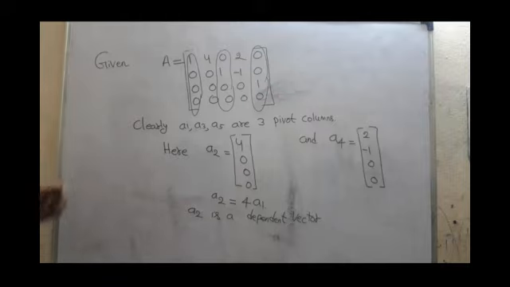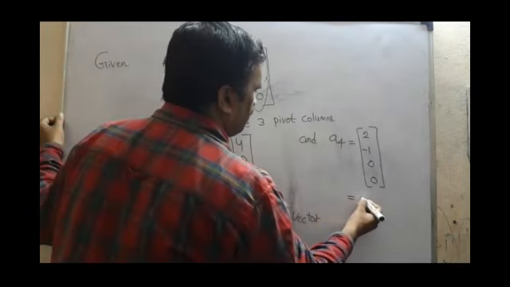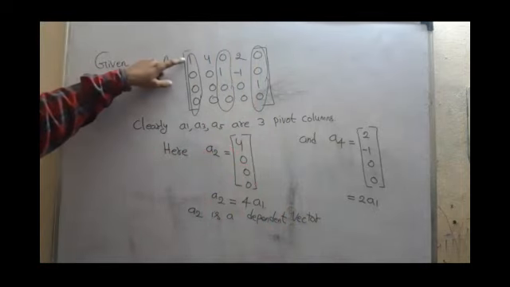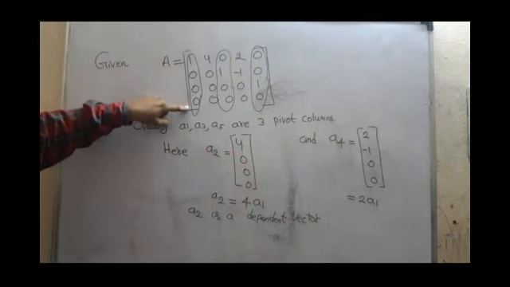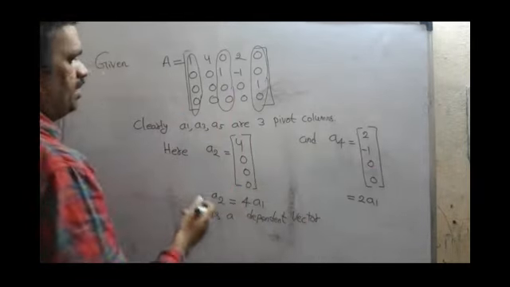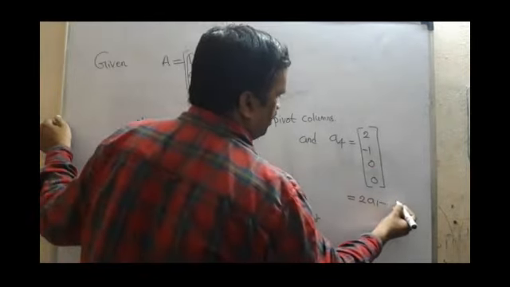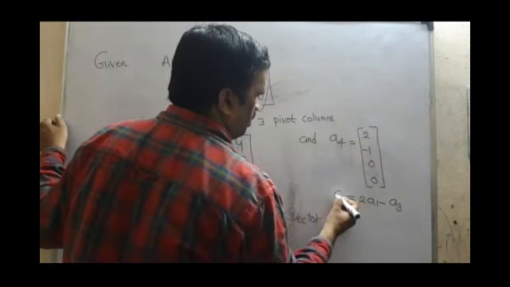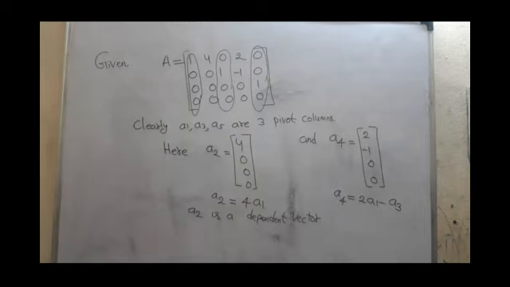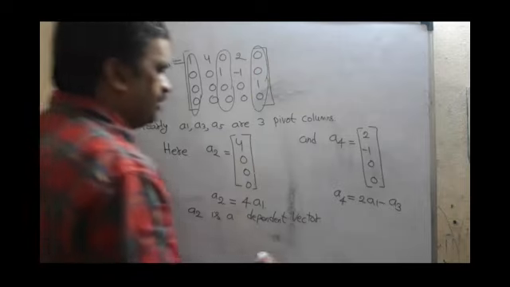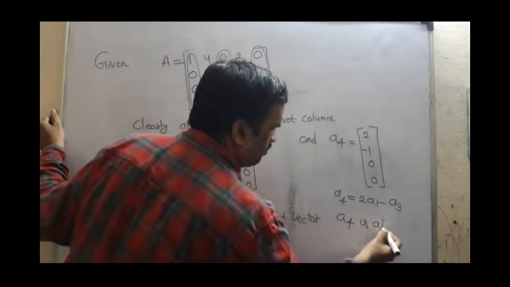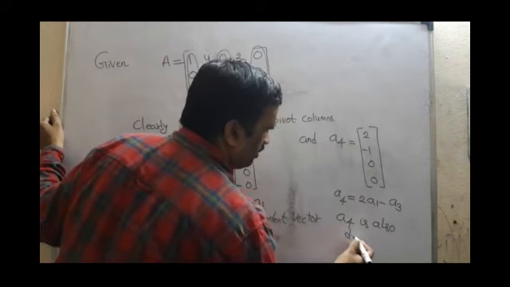I can write this as 2 times A1, which gives 2 0 0 0. The difference is only the -1, so I can write minus A3. A4 is equal to 2A1 minus A3. Nothing but A4 is also a dependent vector.